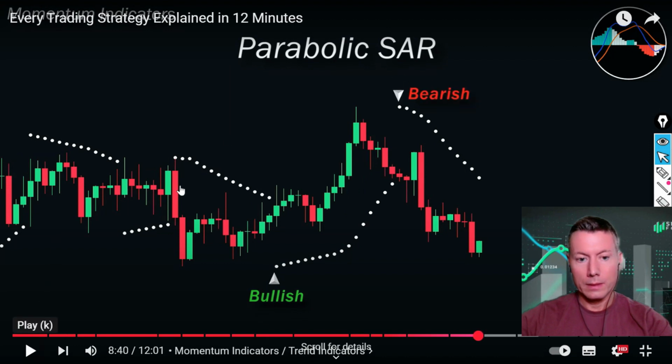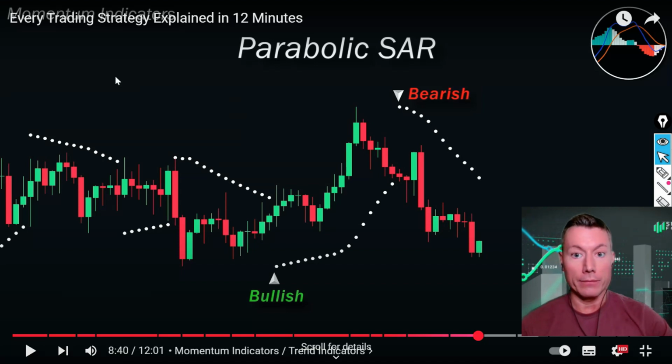Again, guys, if you're going to use any indicator, I'm not against indicators, okay? But in my trading journey, I have literally used every indicator. I've used parabolic SAR, I've used MACD, I've used Heiken Ashi candles, I've used everything. But what you must develop first is an understanding of how to read the charts.